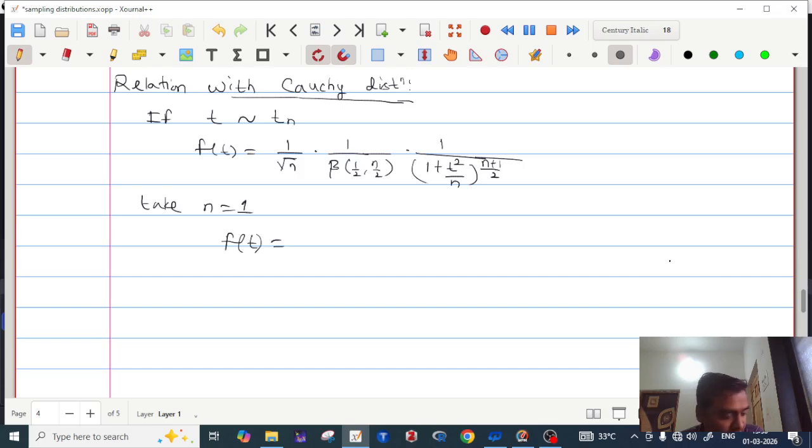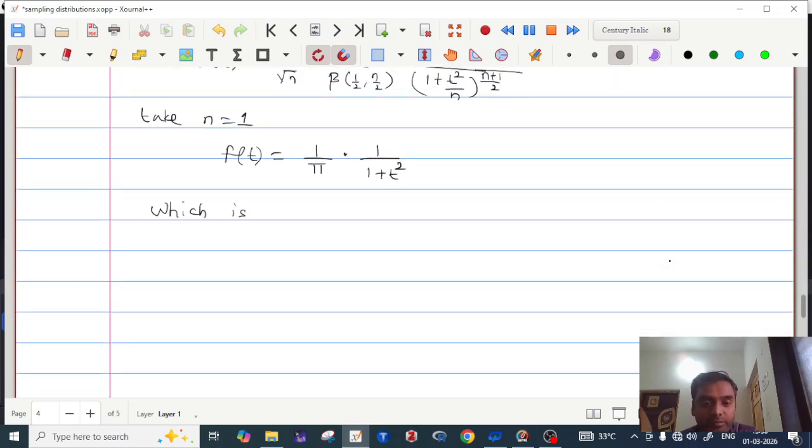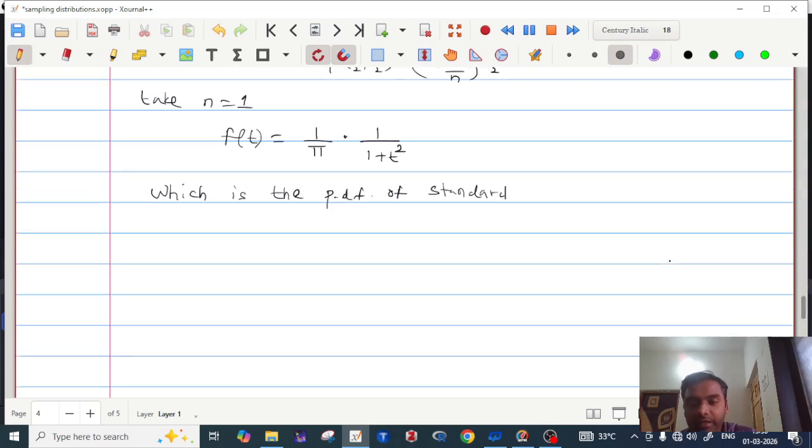If you solve this, the final result is 1 upon pi multiplied by 1 upon 1 plus t square, which is the PDF of the standard Cauchy distribution.